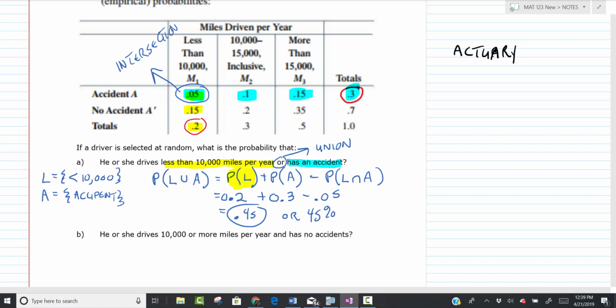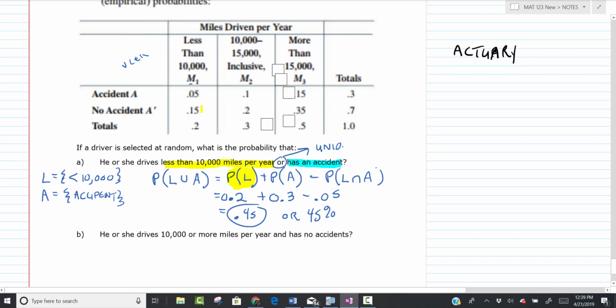All right, the next one I think is an AND probability. So let me show you how this goes. I'm going to write down the sets again. This one, I'm going to say M for more than 10,000 miles.